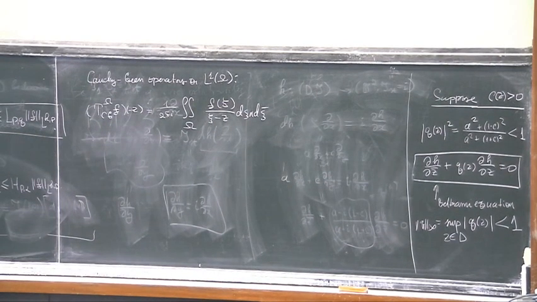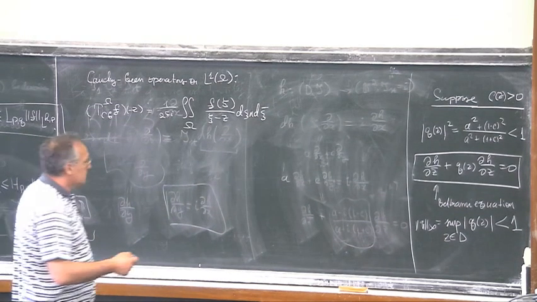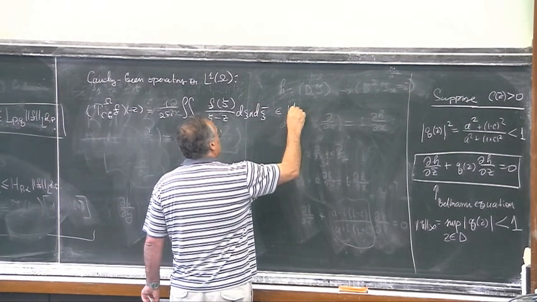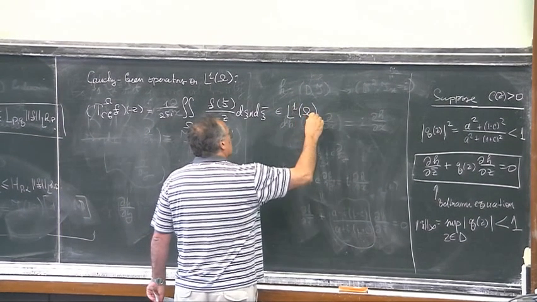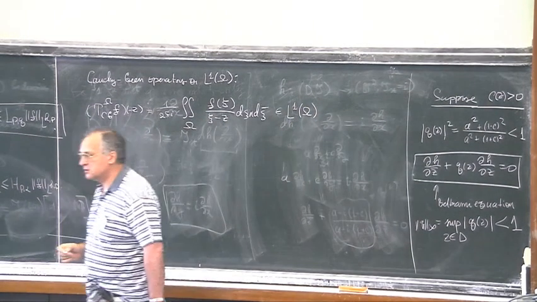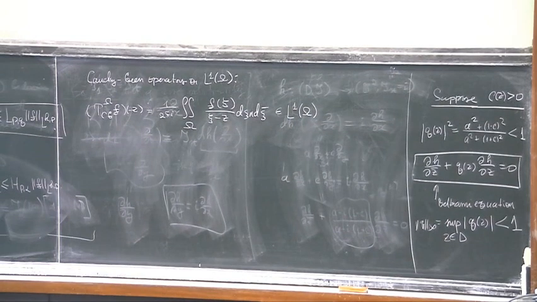If you see this integral as a convolution of an L1 function with the kernel 1 over psi minus z, then you conclude that this function is also in L1. So it's a well-defined operator. I don't say that it's continuous, just a well-defined operator from L1 to L1.